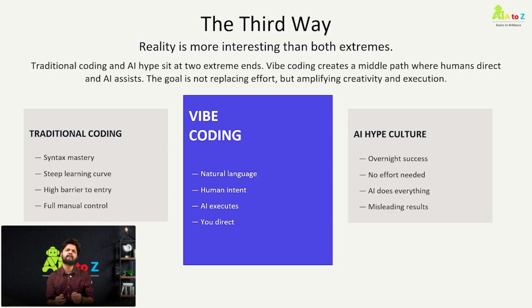You provide the idea, you provide the goals, and you provide the direction. And instead of working only through code, you can also communicate using natural language and describe what you want to build. AI helps with the execution by generating code, creating interfaces, and assisting throughout the development process. And the result is a more accessible way to build software where you guide the process and AI helps you move faster.